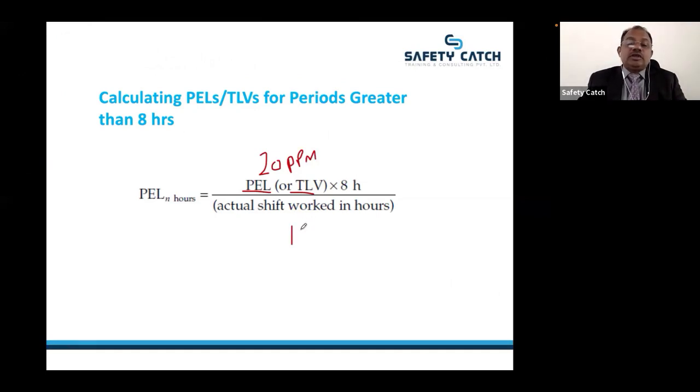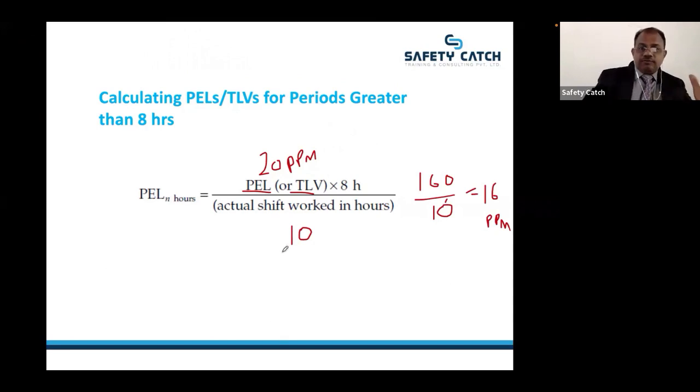Suppose your person is working for 10 hours. So 160 divided by 10. Now you see it will go down. 10 hours is the actual shift, so that is equal to 16 ppm as the permissible exposure limit if the person is working for 10 hours. As the duration increases, you will see the quantity decrease. So this is one formula, you can note it down.